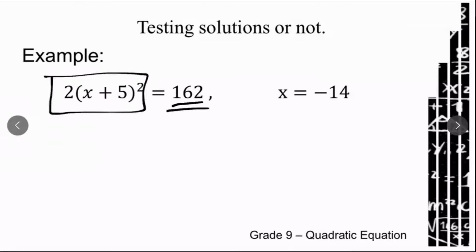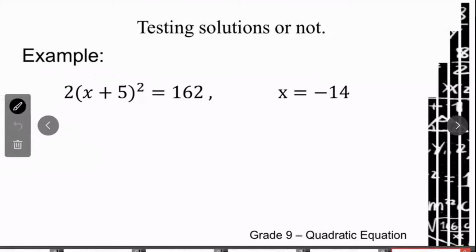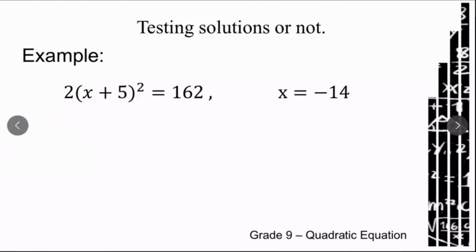And if not, therefore −14 is not a solution of this quadratic equation. Now, let us solve by substituting −14. But before that, once again, you can pause the video and try it out to check whether you got the idea.